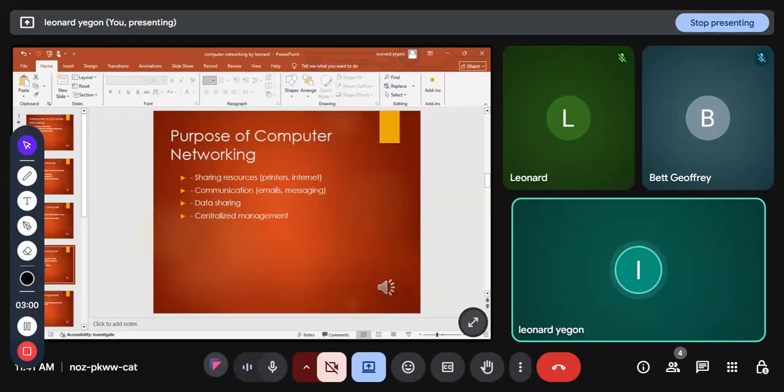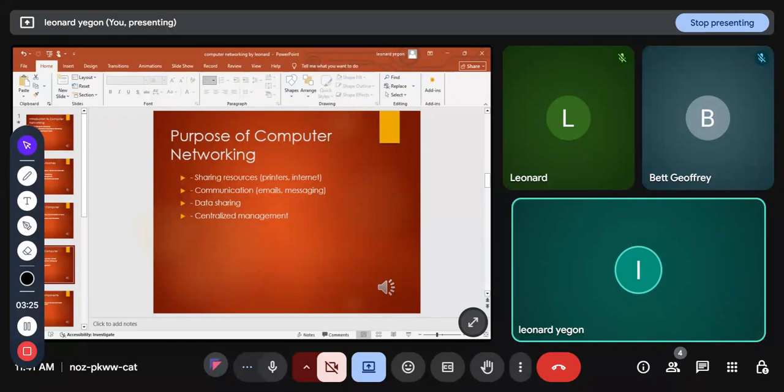For example, we can have a management system. You can connect through a network so that a person can communicate with another person in another office, without moving from here to there.